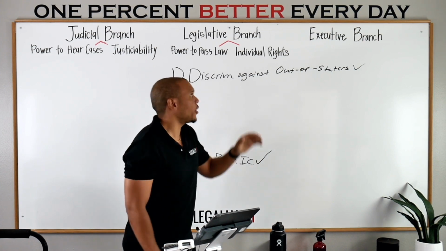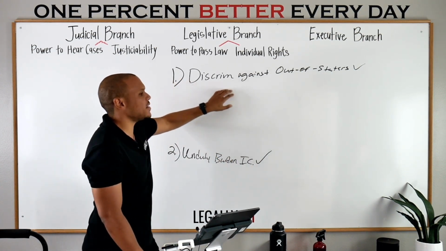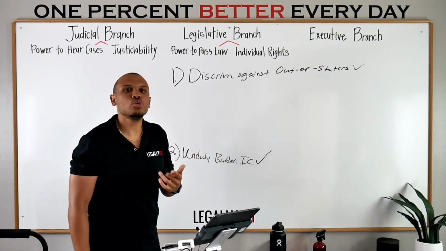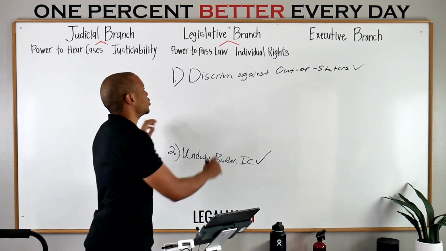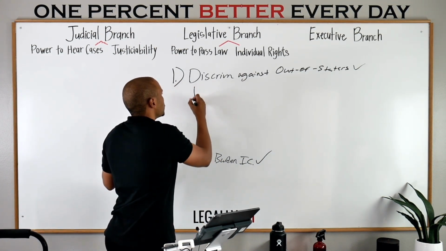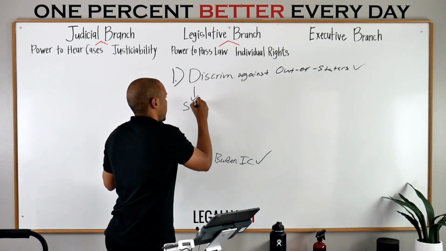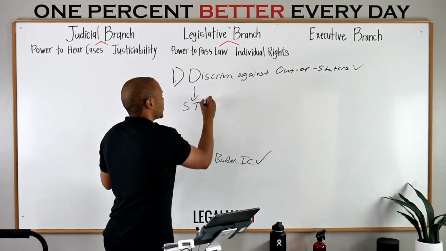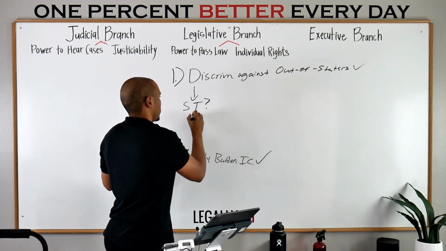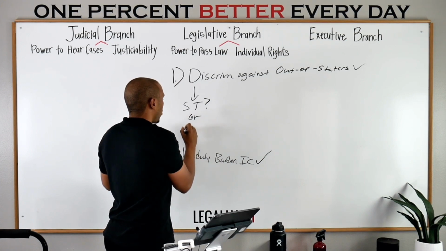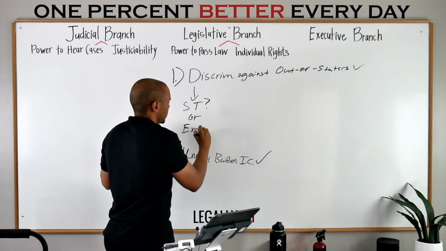Yes, there are times that this first prong can be met even if they're discriminating, and there's two categorical ways to do it. Either one, you meet the scrutiny test, or you meet one of the listed exceptions.